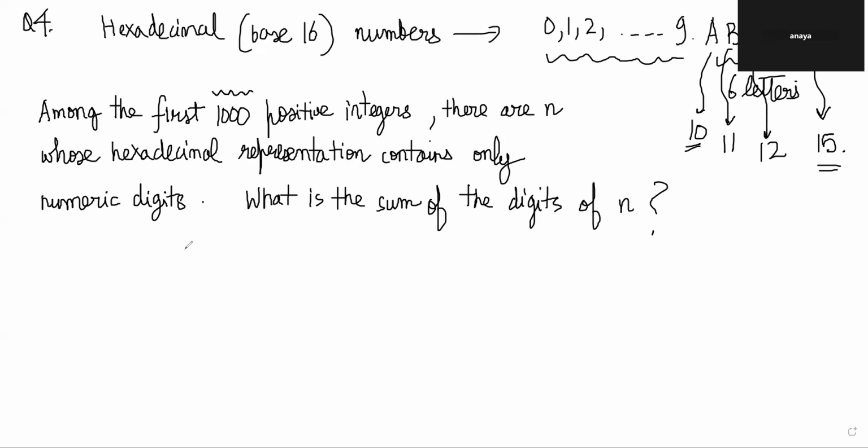Yeah, but then all the rest of the first 1,000 positive integers have letters in them in hexadecimal. No, they don't. But then 154 in base 10 has 9 and then an A. 154 in base 10 in base 16 is written as 9A.